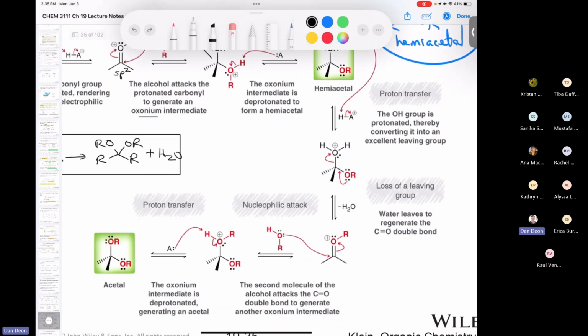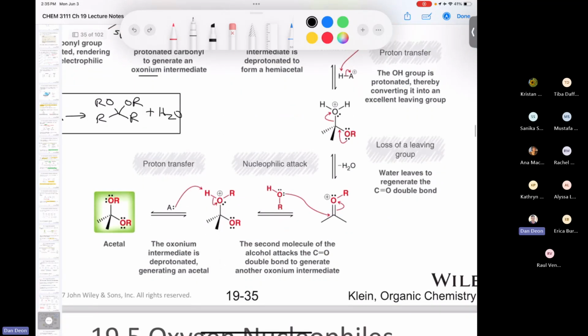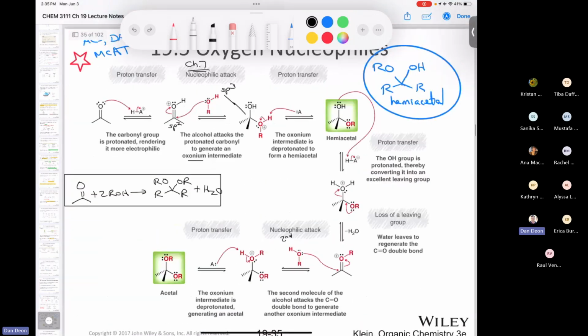So the water leaves, but it can't just leave and form a carbocation. It's going to get stabilized by this lone pair on the oxygen to give you this oxonium ion. Now the second alcohol is going to come in. You get a nucleophilic attack. Then all you have to do is one more proton transfer, and it takes you over to the acetal like that.